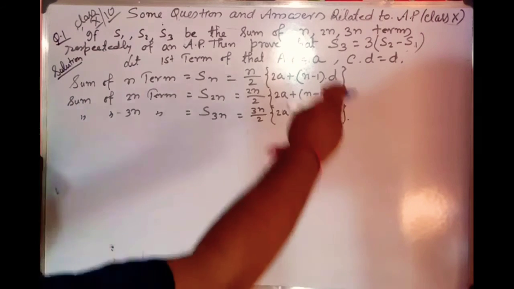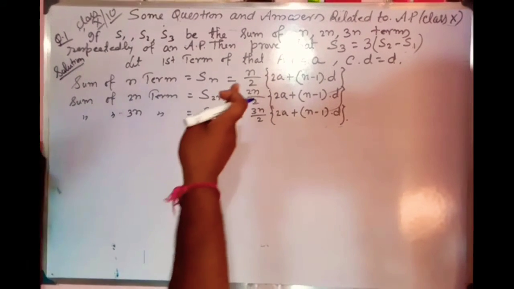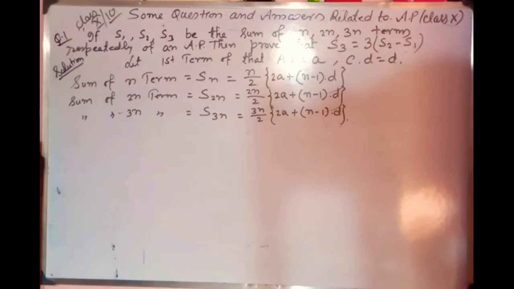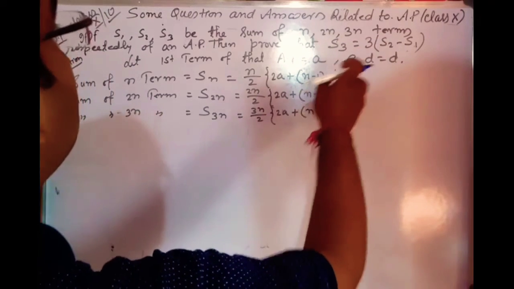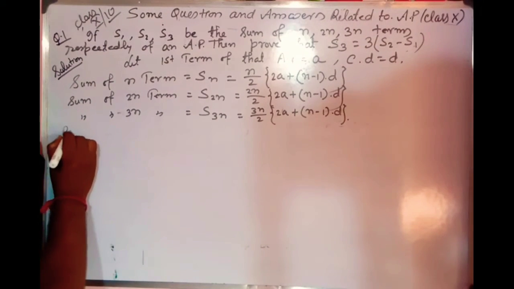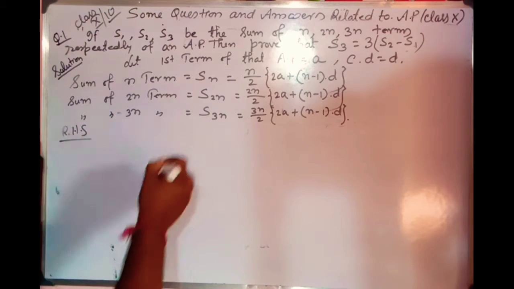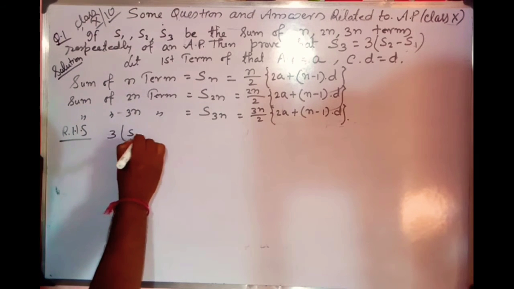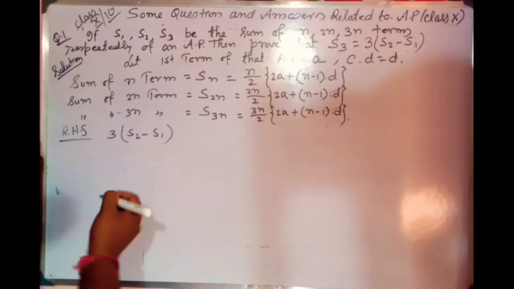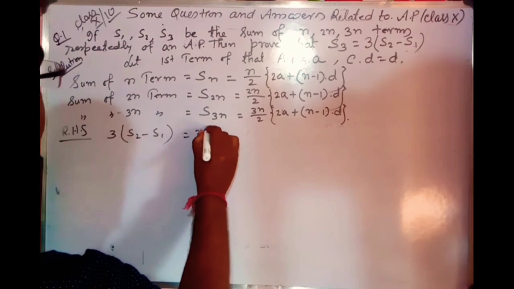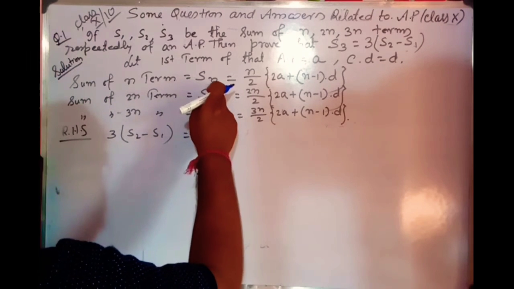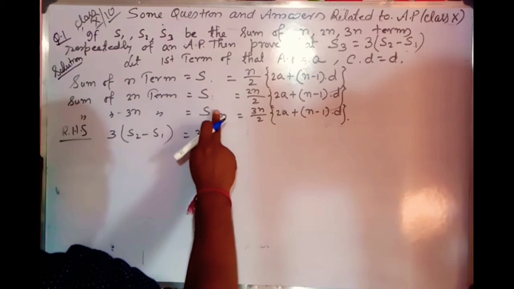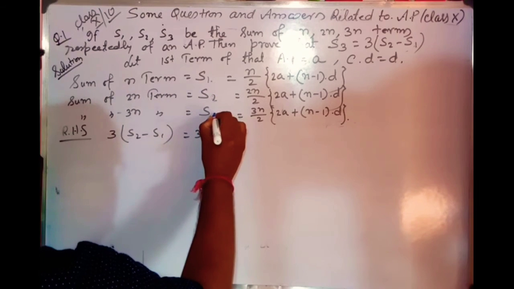Now first take this, that is RHS. RHS, what is given? 3 into S2 minus S1. So that's equal to 3 into S2 minus S1. Now what is S2? Actually S1, S2 and S3.